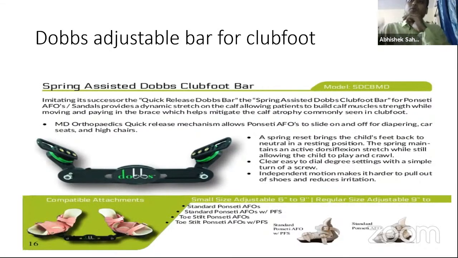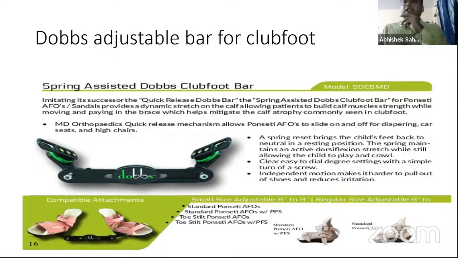They are not able to move both the feet. The child will become irritable, and the parents would remove the brace. So this brace actually ensures that the child is able to move both feet independently, and he can crawl, he can play, he can do most of the things with this adjustable bar.